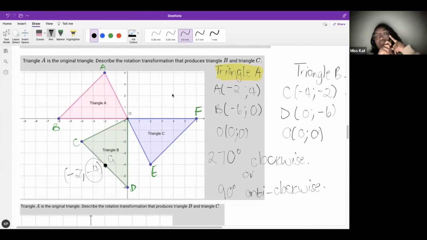And they didn't swap. Otherwise it could be a translation, but it could also be a reflection, because if you reflect something, let's say we move this to there. Now it's 2 and 4, right? Did the order change?